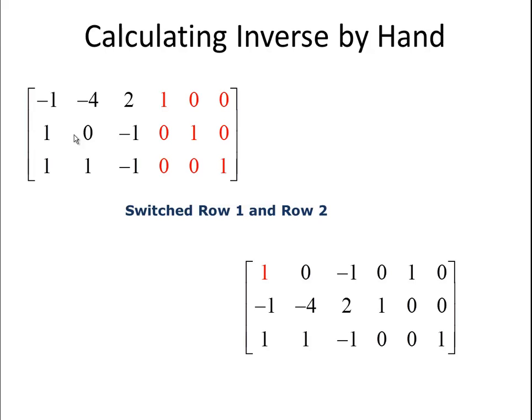You could have also switched row 3 with row 1. You could do it that way. Also, you could multiply row 1 by -1. That's another way of working it. I just happen to go this way because I am super lazy, and I noticed that I create my 1 right there, and I automatically get a 0 there for free. So I get a 2 here. That's why I went with it.